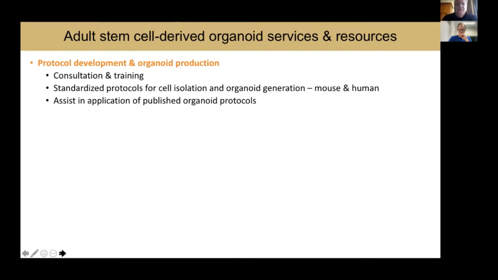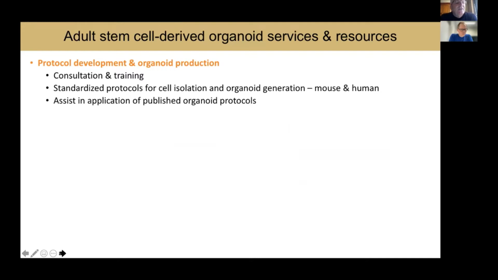So what are our services for the adult stem cells? We provide protocol development and organoid production. So this is both consultation and training, the protocols for cell isolation, organoid generation. We mainly are focused on mouse and human, but we can do lots of other different species if people are interested.